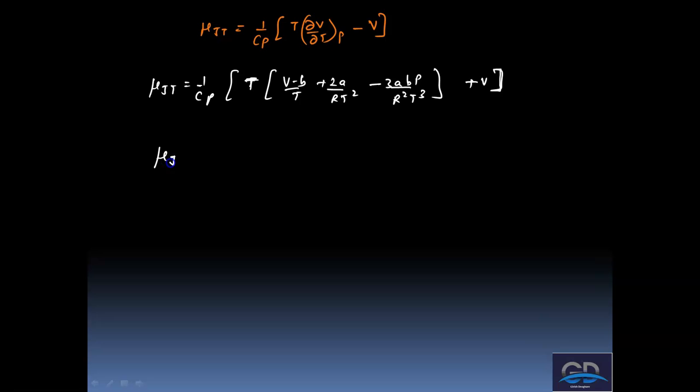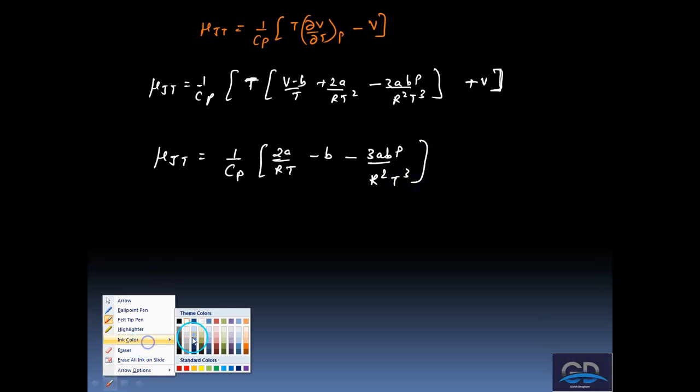So you will get mu JT, Joule Thompson coefficient, as 1 upon Cp times 2a upon RT minus b minus 3abP upon R square into T cube. This is the expression that we finally get.